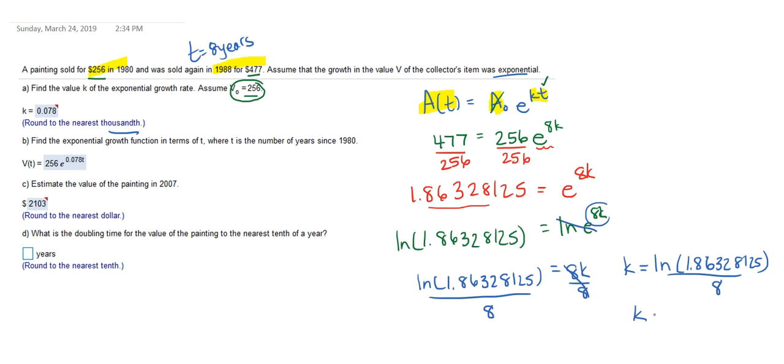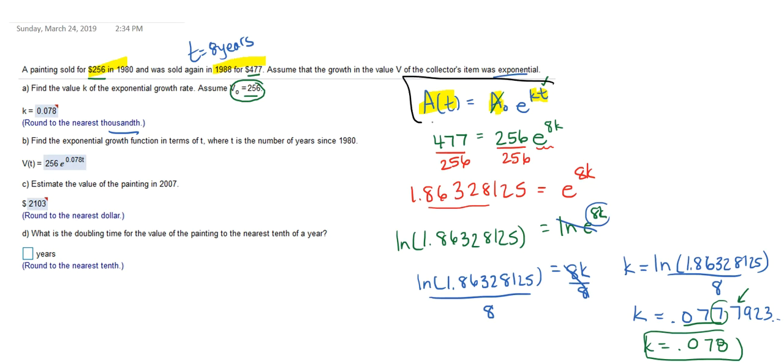And the value that I'm getting is 0.0777923, and it keeps going. Since we want to round this to the nearest thousandth, I'm looking at 0.077. Look at the following digit, and if it's 5 or greater, we need to round the last number up. So the rate of growth is 0.078.